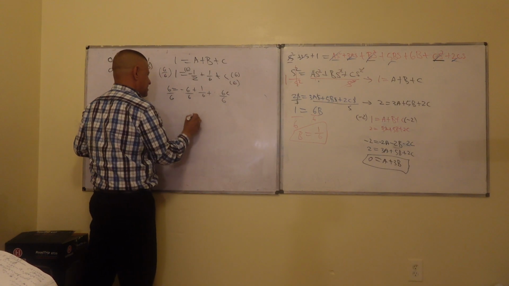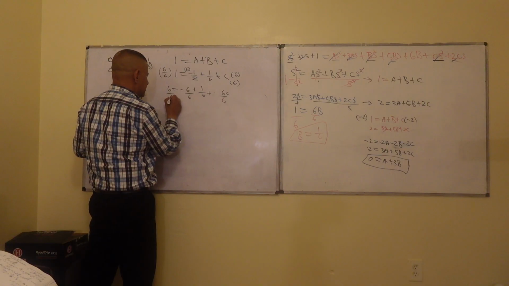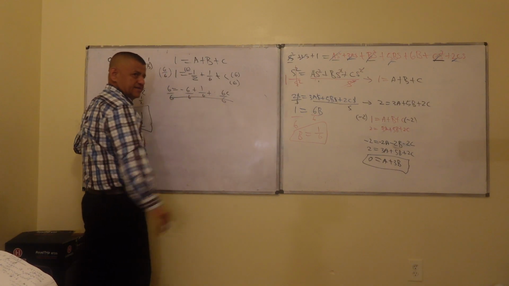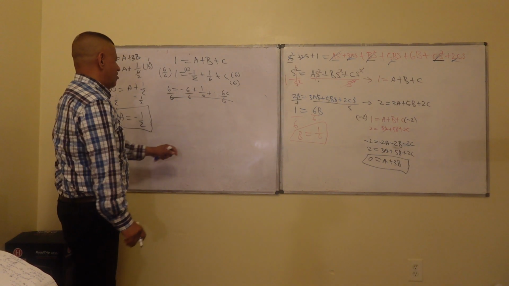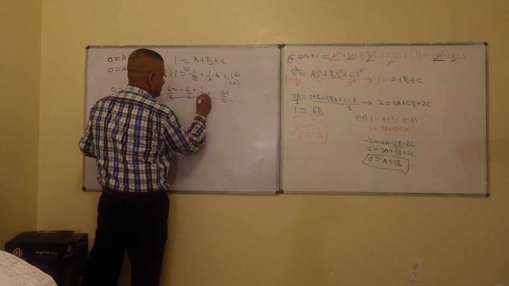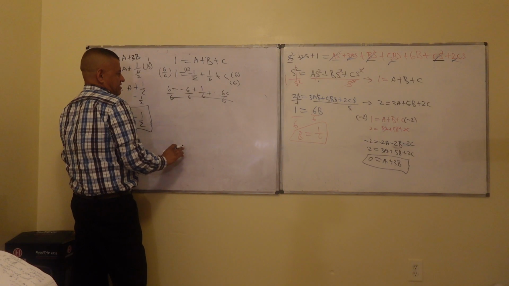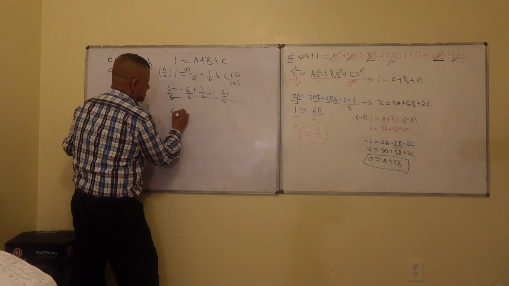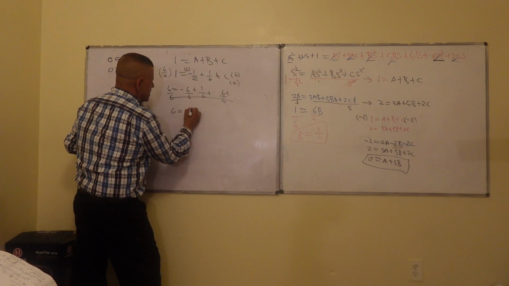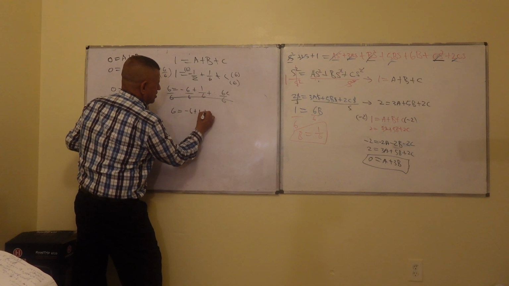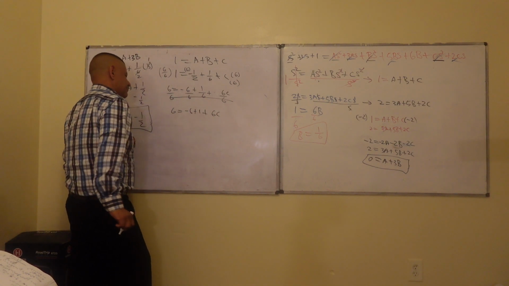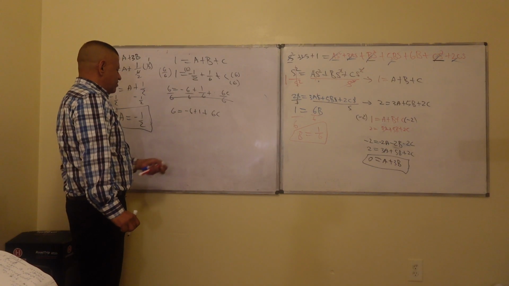Now all of these 6s are gone. Now what do I have? I have 6 is equal to negative 6 plus 1 plus 6C. Add this too.